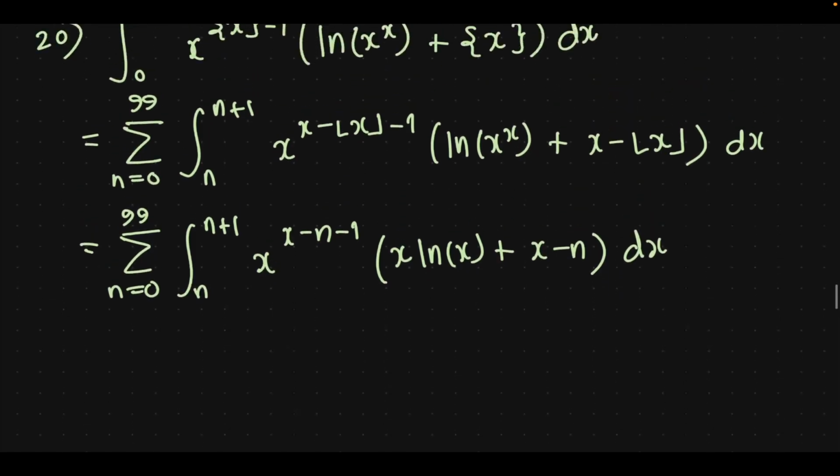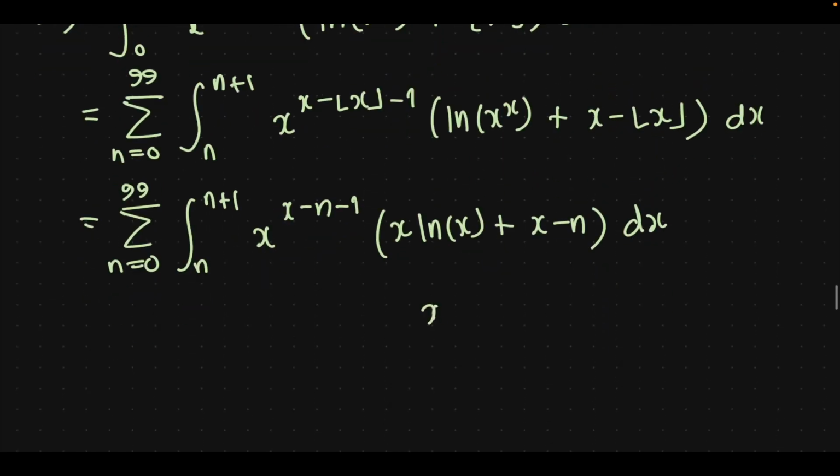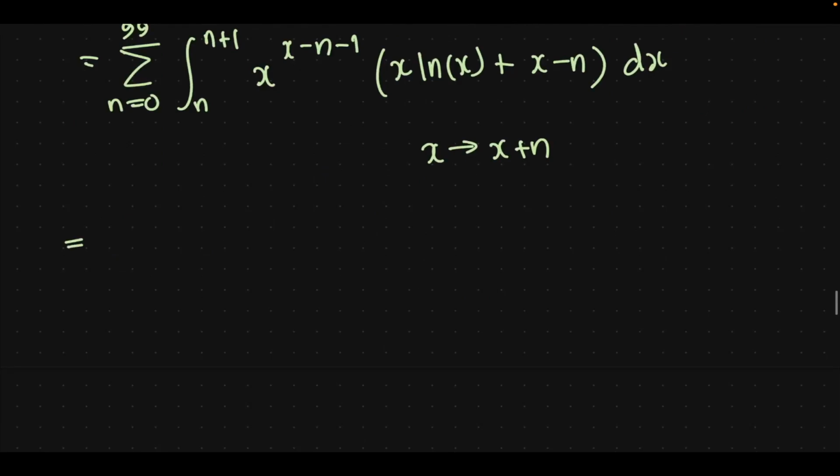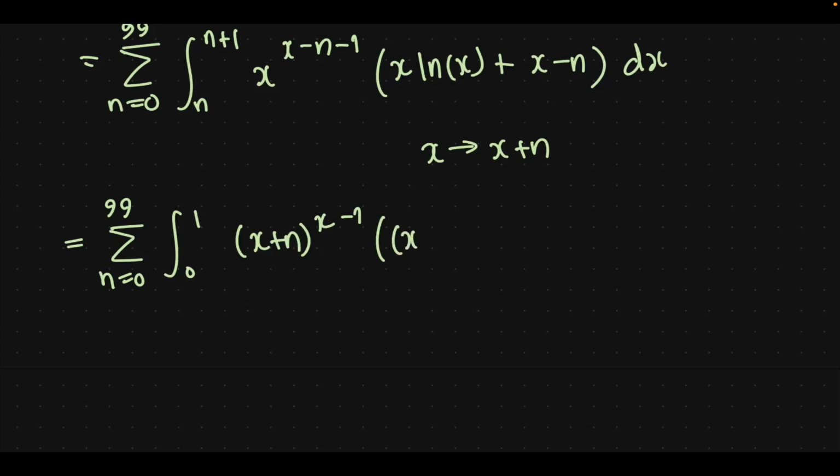We can pull one final trick. x goes to x plus n. When I do that, the sum is the same, the bounds are from 0 to 1. We have (x plus n) to the x minus 1, we have (x plus n) ln of (x plus n) plus x dx.